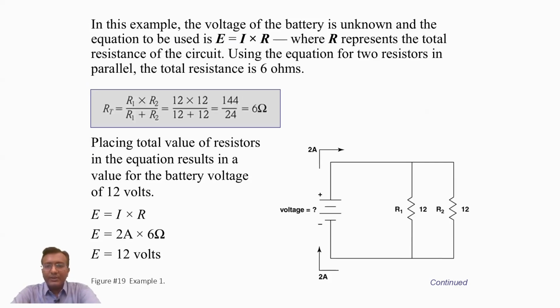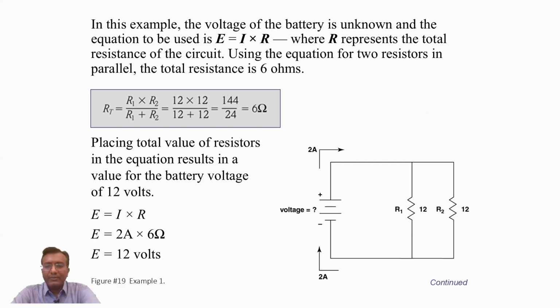Coming to the first problem, in the diagram, you can see two individual resistors R1 and R2 are connected in parallel to the voltage source. The current of 2 amperes is provided through the voltage source. We have to determine the supply voltage.